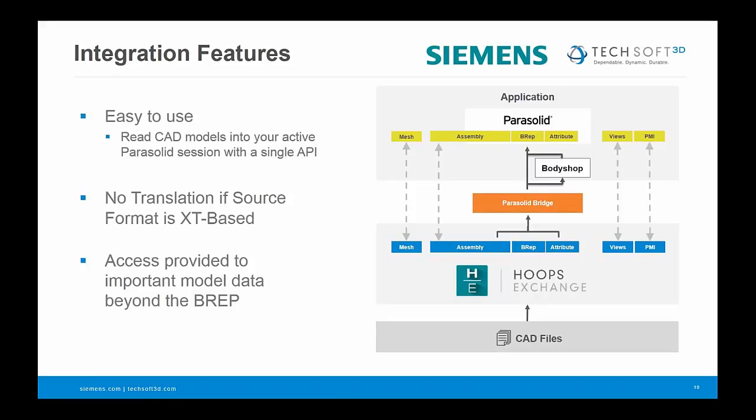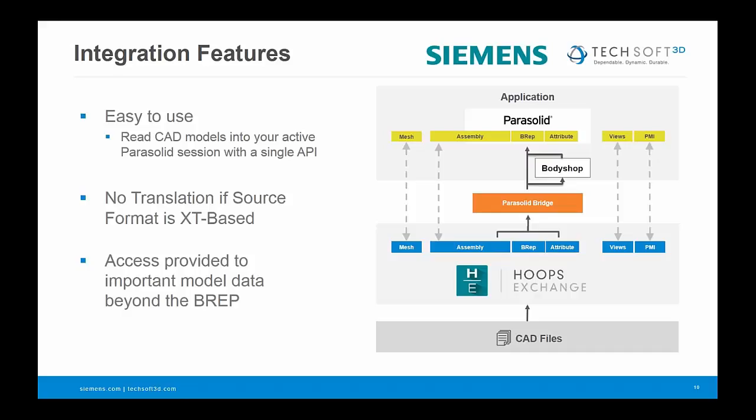As I mentioned, if the data is Parasolid-based, no translation at the part level occurs. The BREF is brought in, meaning it's very fast because it's not being translated, but also, and more importantly, the quality remains. If it's these other formats, we leverage capabilities in Parasolid, and there's a very advanced technology that Siemens makes available called Body Shop as part of the relationship.